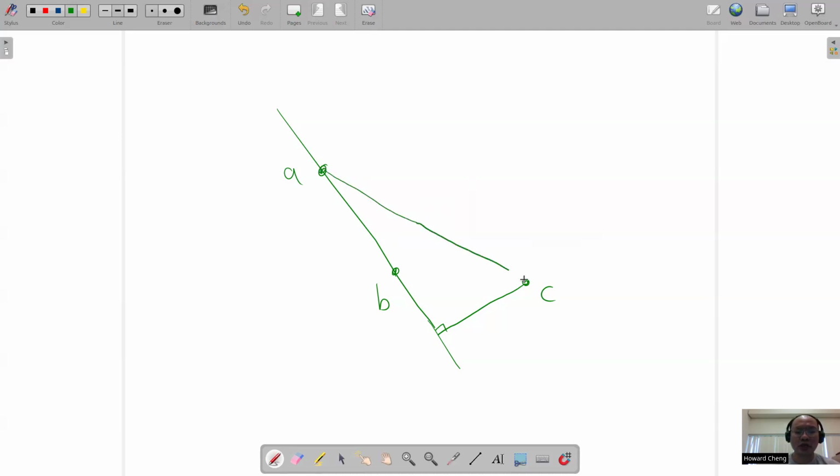So if you draw the line from A to C, you can figure out the distance from A to B, right? And then from there, because this is a right angle triangle, so let's call this D.